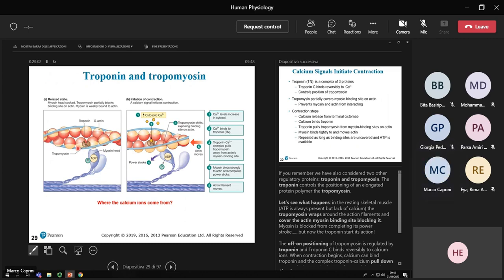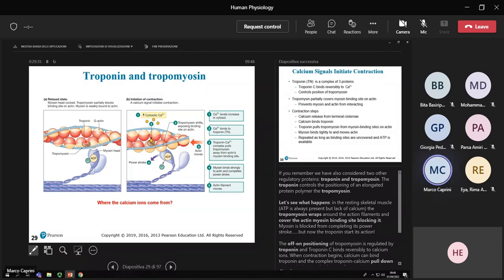The troponin is bound to the tropomyosin, and the tropomyosin, if you remember, blocks two binding sites, the one on the myosin head and the one on the actin.